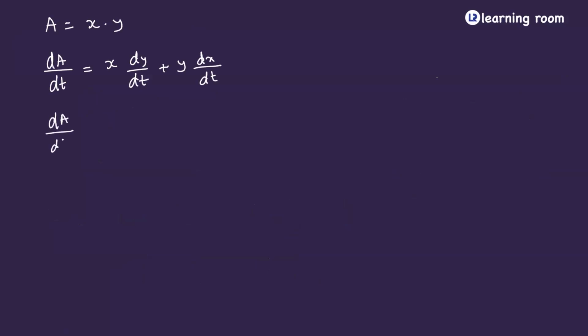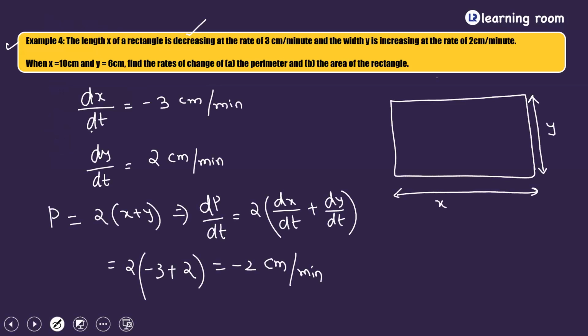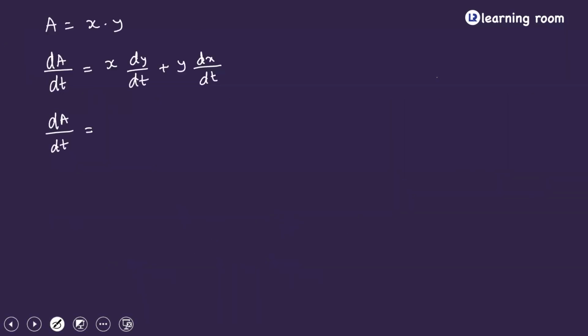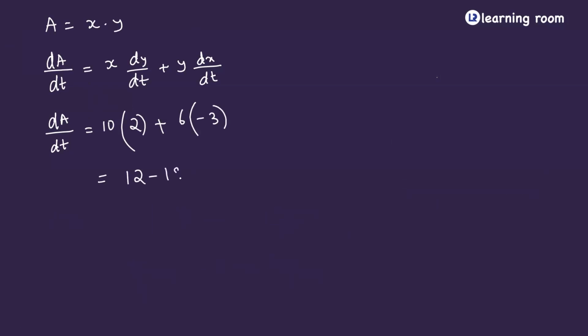So dA divided by dt will be equal to, what is the value of x? x is equal to 10 centimeter, y is equal to 6 centimeter. So x is 10, but what is dy by dt? 2, plus y is 6 and dx by dt is minus 3.